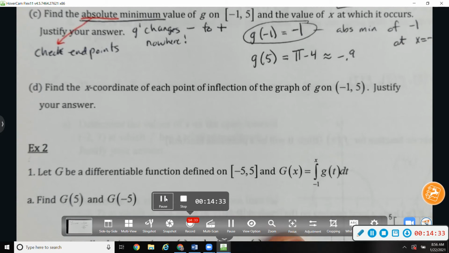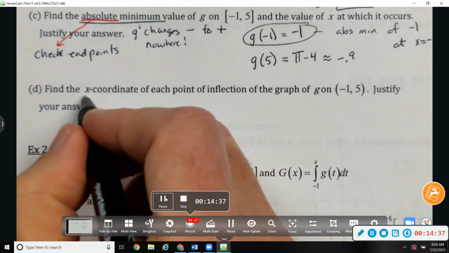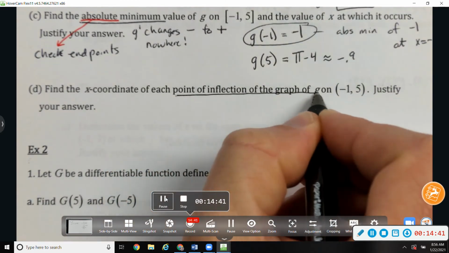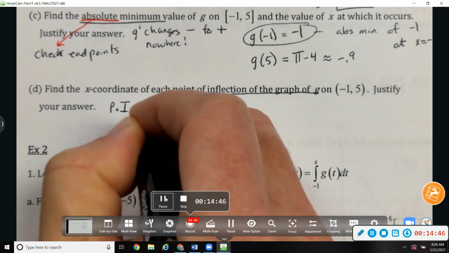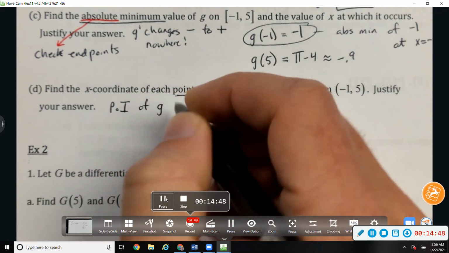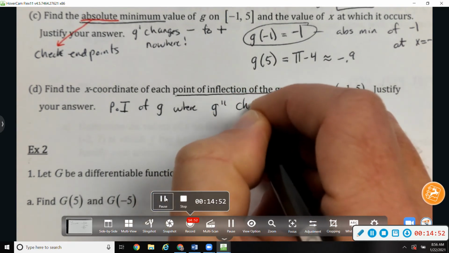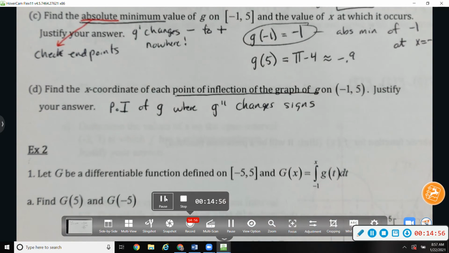Part D, find the x-coordinate of each point of inflection of g. Justify your answer. Well, a point of inflection of g would be where g double prime changes signs. So where the second derivative changes signs.